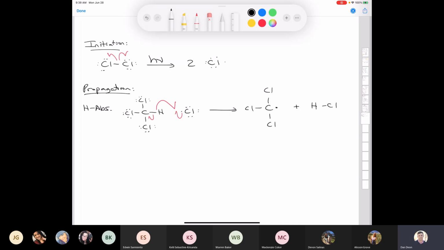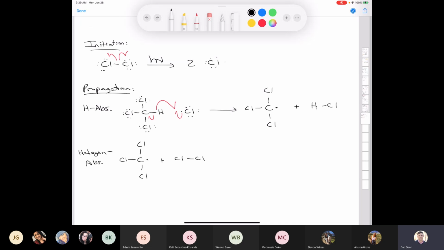So the next step is going to be the halogen abstraction. This is where our radical is going to react with Cl2. And again, I told you that not all of the chlorine, the Cl2, is going to be converted into radicals. Only some of these are going to form radicals.